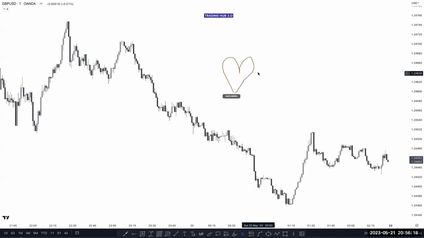All right, so let's start. First of all, start from a Bank Nifty chart.